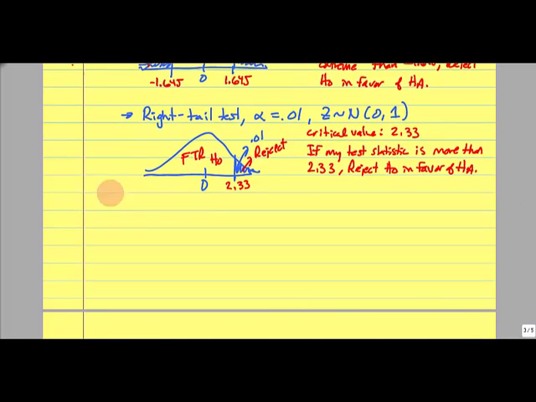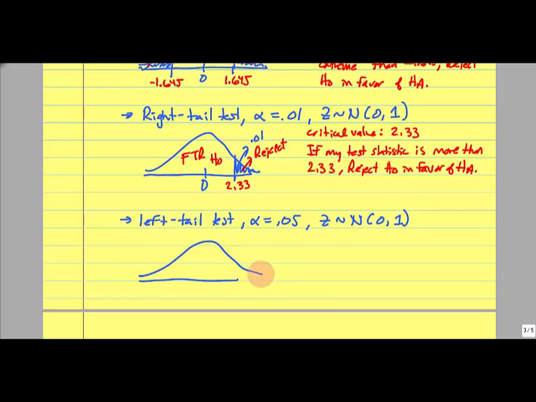Okay, let's look at the left tail test. For my left tail test here, let's use alpha equals 0.05, and we're assuming we have our standard normal distribution. So we draw our quick curve. If I have a left tail test, my error is all distributed in the left tail.